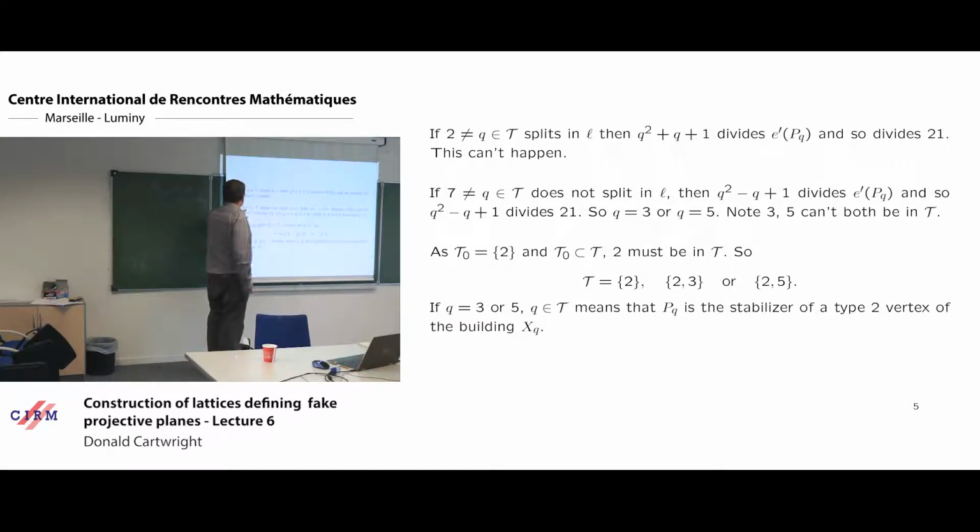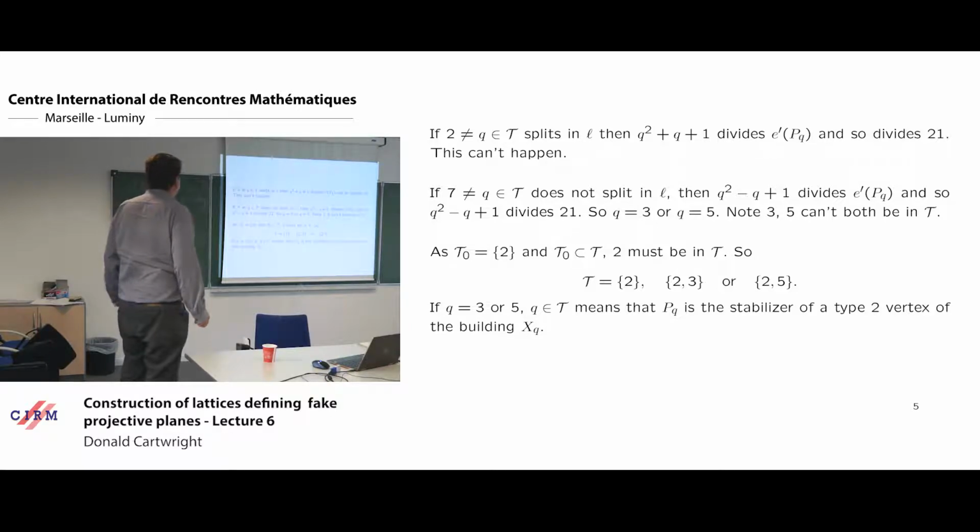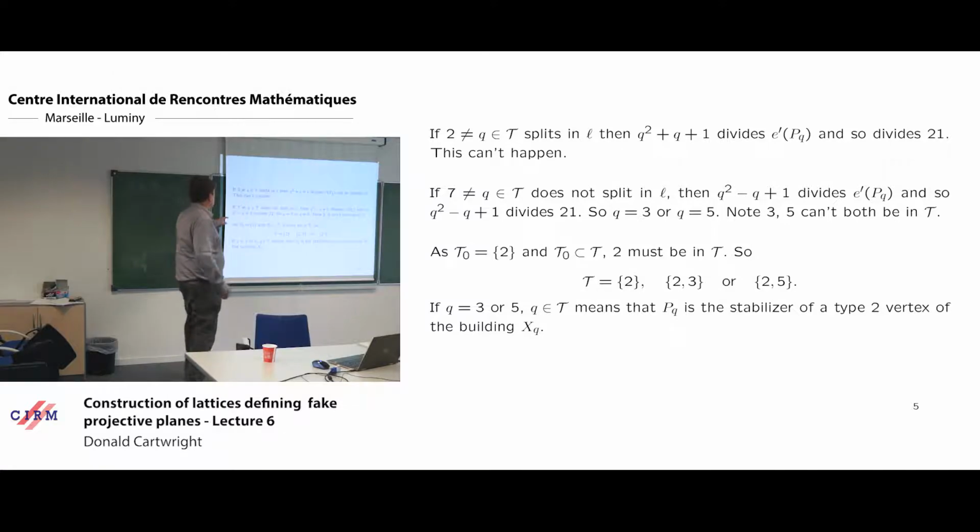If q is different from 7, now I have to talk about 7 separately. If q doesn't split in L, then this factor has to divide e'(P_q), and so it has to divide 21, but there are a couple of possibilities here. q equals 3 and q equals 5, when you get 7 and 21 respectively for this expression here.